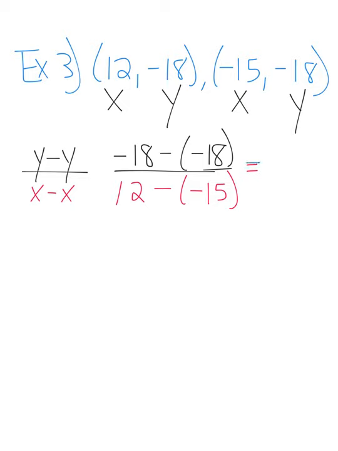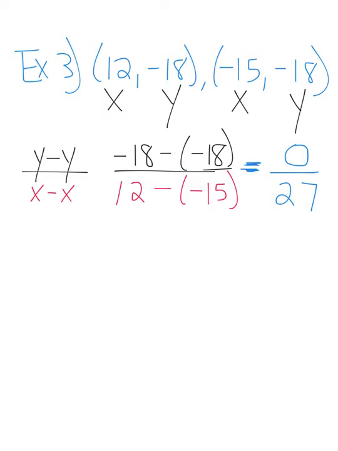Use your calculator with your adding and subtracting so we don't make some silly mistakes. And if I look at this, -18 minus a -18, that's just 0. And 12 minus a -15, well, that's 27. But try it on your calculator.